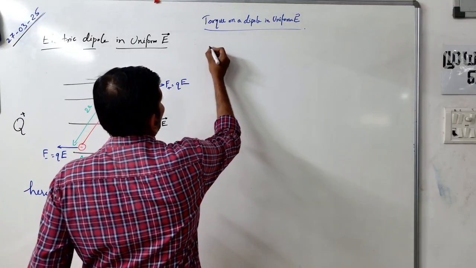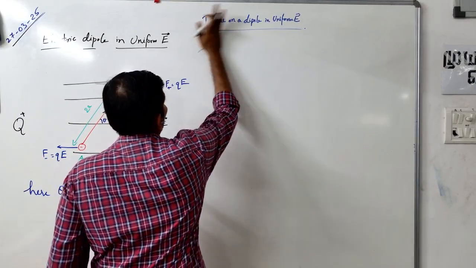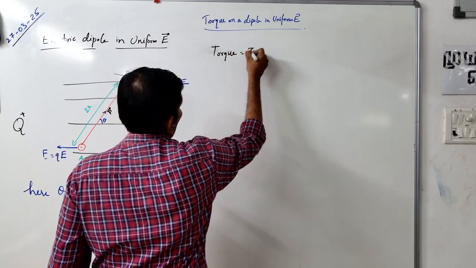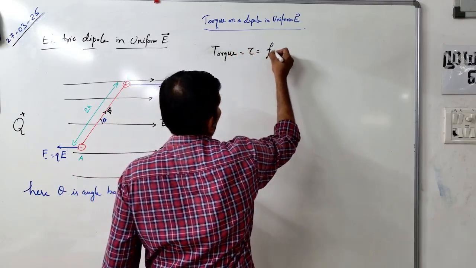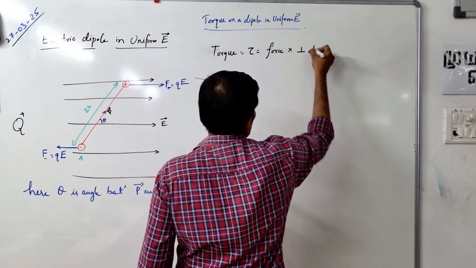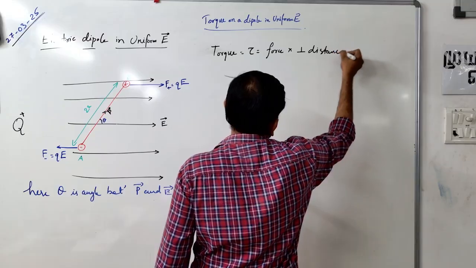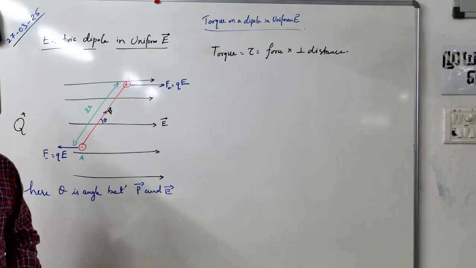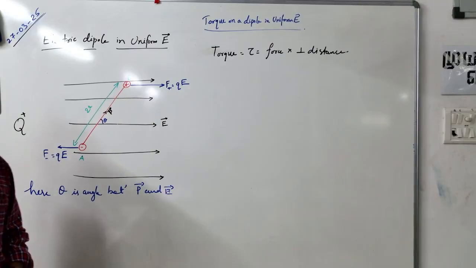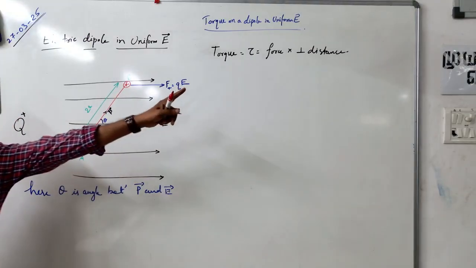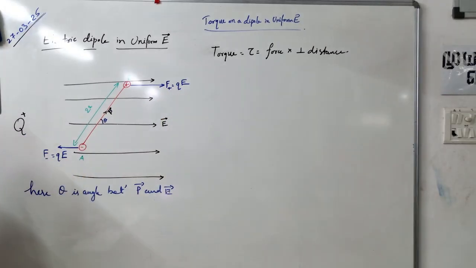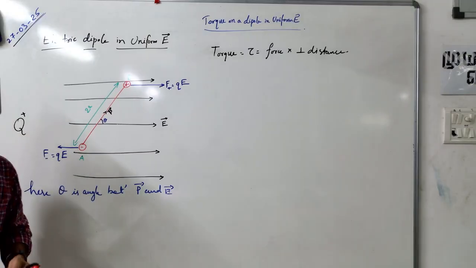The formula for the torque: tau is equal to force multiplied by perpendicular distance. From grade 11, we know that torque is equal to force into perpendicular distance. So now I have to find this perpendicular distance.